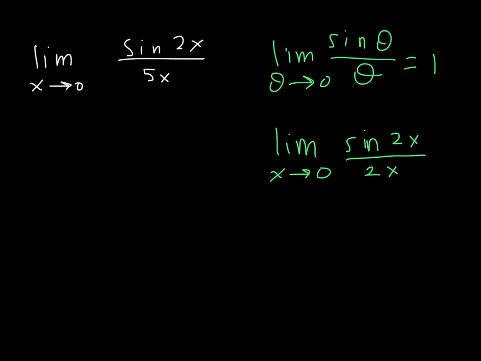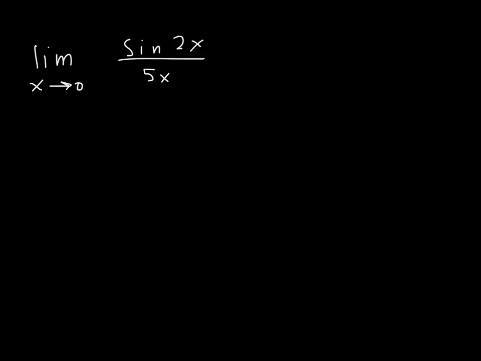So we need a 2x in the denominator. So what we're going to do is we need a 2 down here, so we're actually going to multiply by exactly what we need. I need this 5 to go away, and I need it to be replaced with a 2. All right? So let me get rid of this here. So this is what I'm going to do. The limit as x goes to 0. Again, I need this 5 to go away. If I divide 5 by 5, then it goes away. But I also need it to be replaced with a 2.